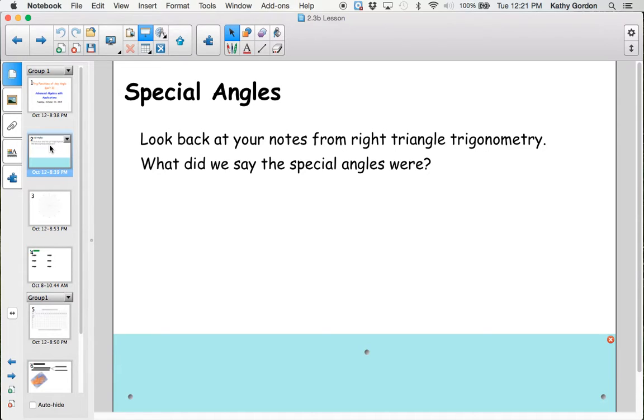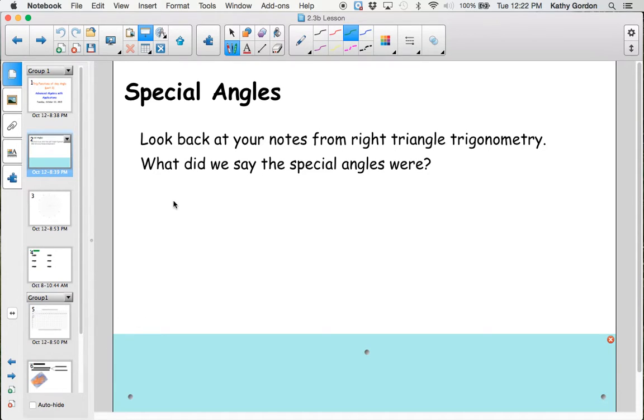Okay? So if you look back at your right triangle notes, there we go. We had the 30, 60, 90 triangles. We had the 45, 45, 90 triangles.